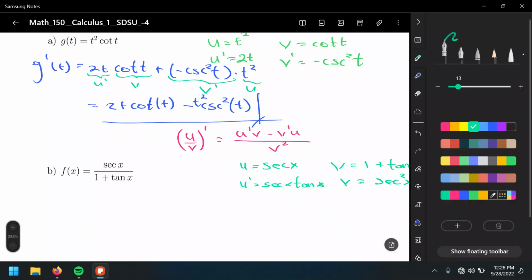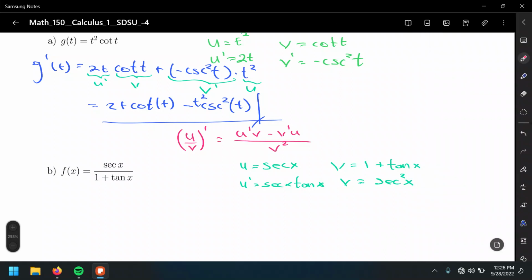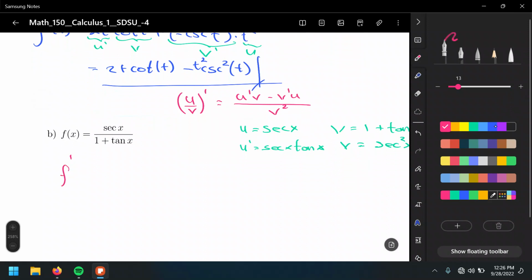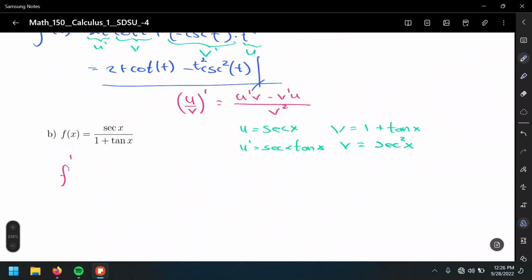So, let's see. F prime of x will be the u prime, which is secant tangent, times v, which is 1 plus tangent, minus v prime, which is secant squared, times u, which is secant.